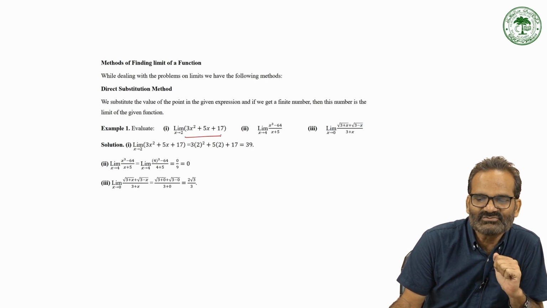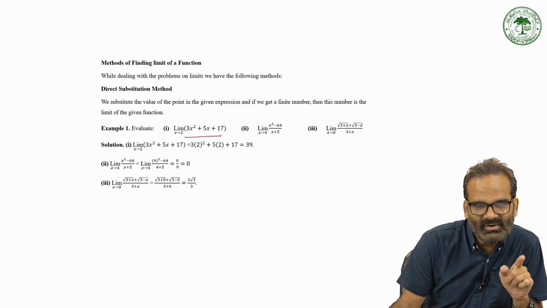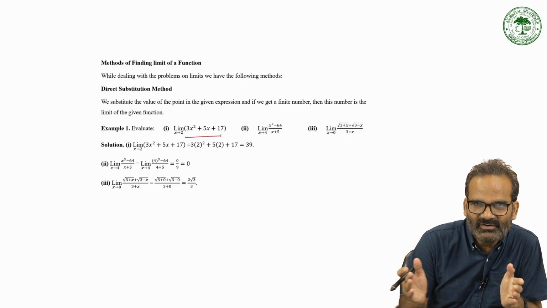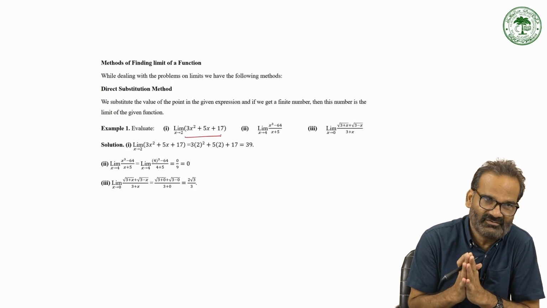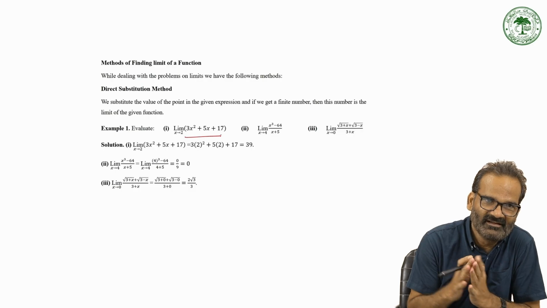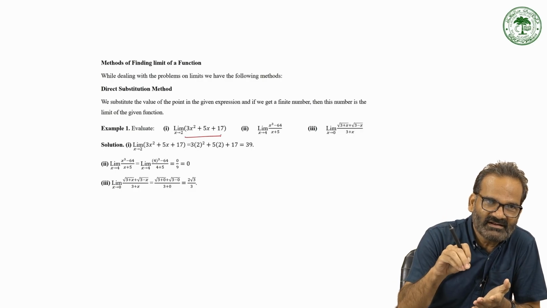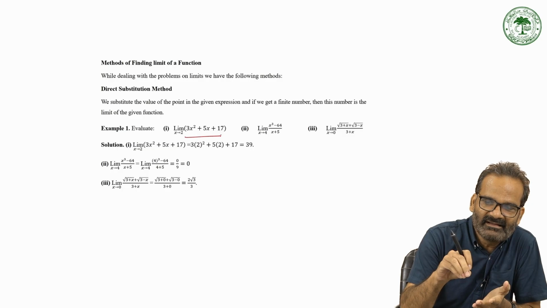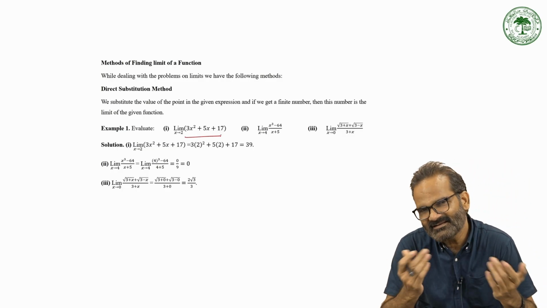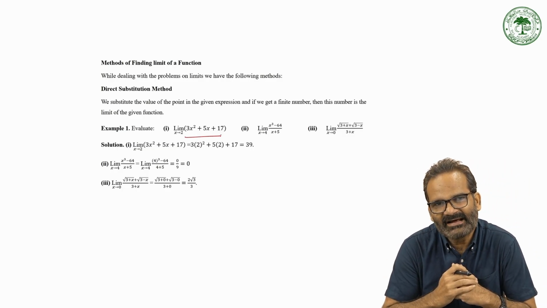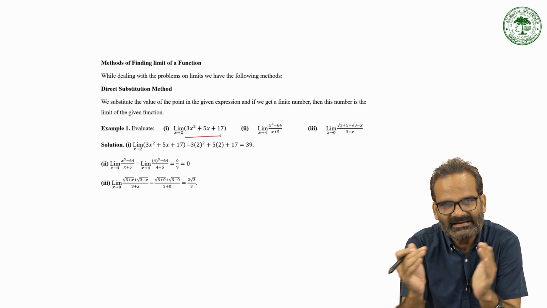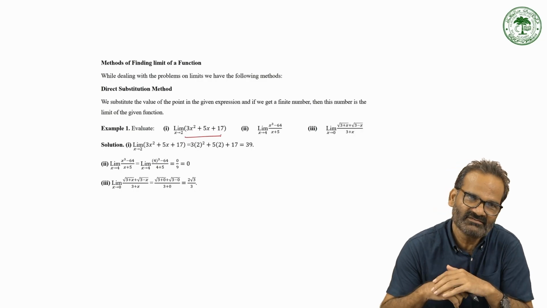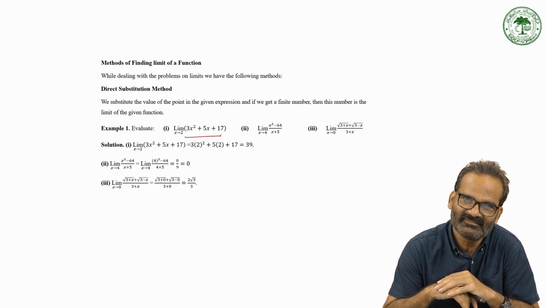The direct substitution method simply says: if x tends to 2, then we put x equals 2 directly in the given function. Are you getting the point? Because in the last lecture we have seen that whatever we get by direct substitution or by the limiting case, in both cases the value of the function comes out the same, right?